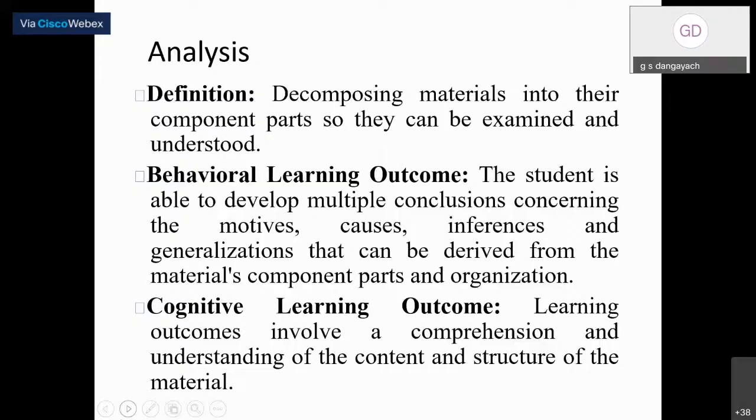And the learning outcome involves a comprehension and understanding of the content and structure of the material.